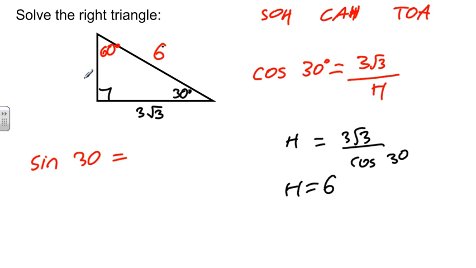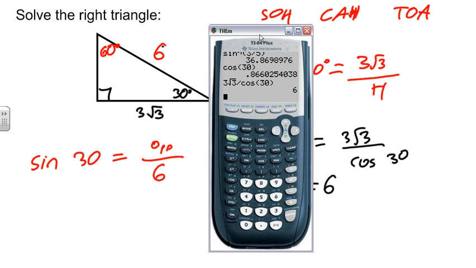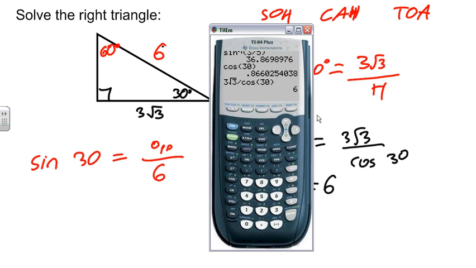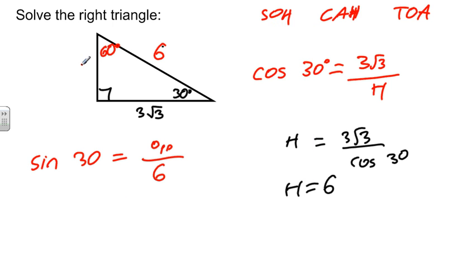Sine of 30 equals opposite over hypotenuse. The hypotenuse is 6. So similar to what we did for cosine, to solve for opposite, now we're going to be multiplying sine of 30 times 6. And we get 3. So the opposite side has a length of 3.